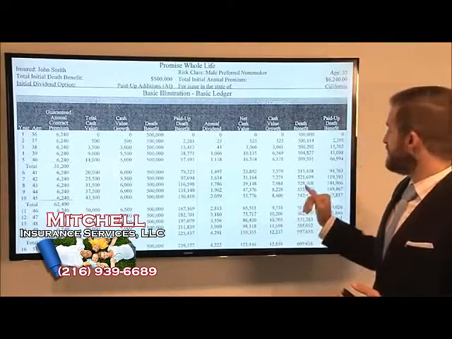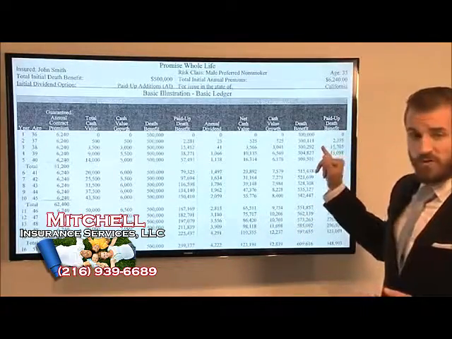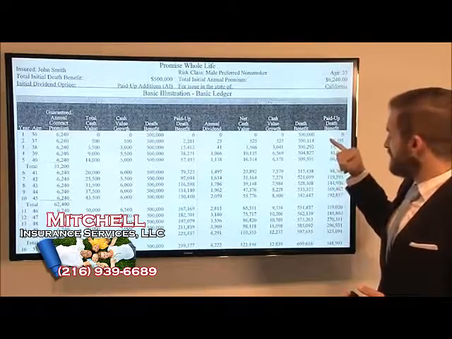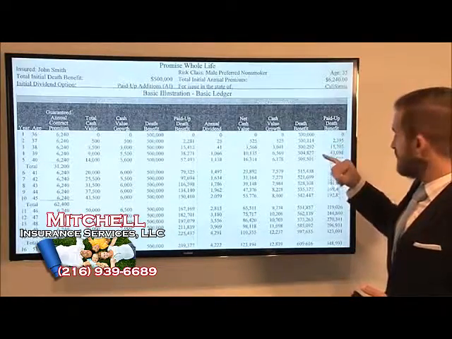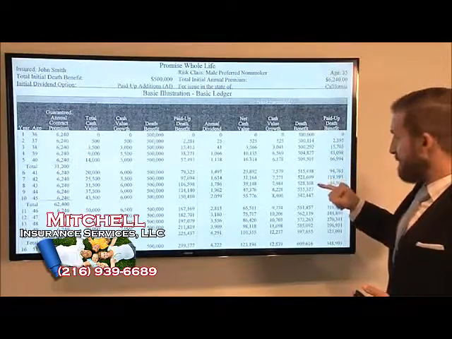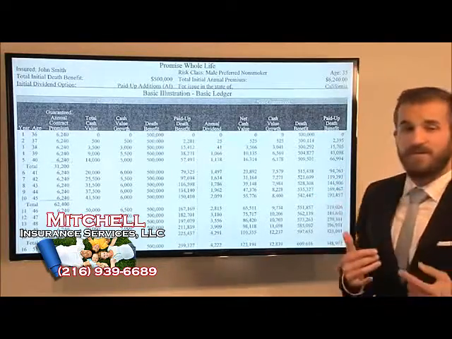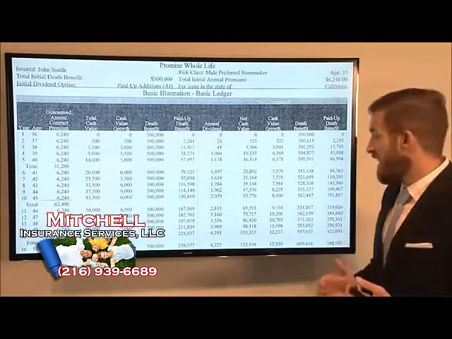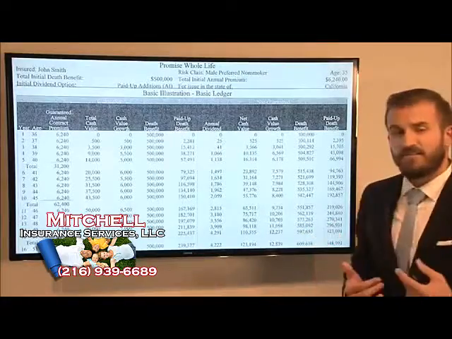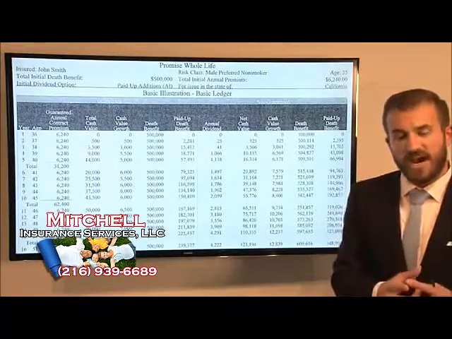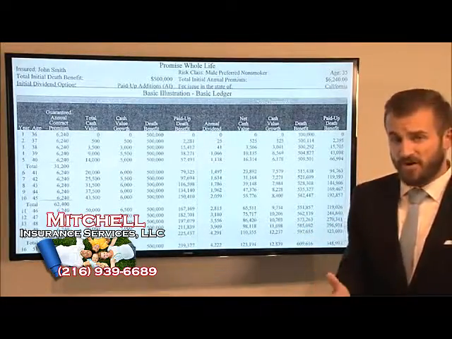What's going to happen is that death benefit would grow, in this case from $500,000, and would keep going down, or excuse me, keep going up. By year 10, you have $542,000. By year 15, close to $600,000. So almost $100,000 of death benefit has grown.